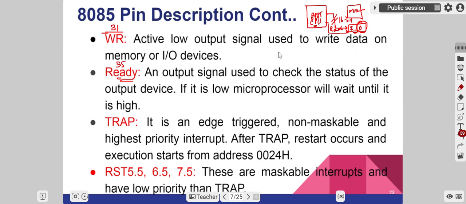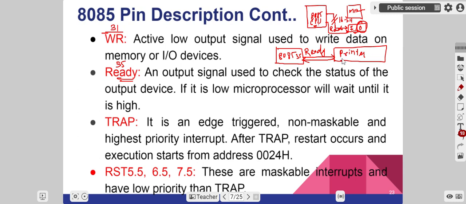For example, this is the 8085 microprocessor, and we have connected a printer to it, which is again an output device. The 8085 will first check the status of this printer using the READY pin. It will activate pin number 35 so as to get the status of the printer. If the printer is ready, it will in turn generate a signal that it is ready to have an output.